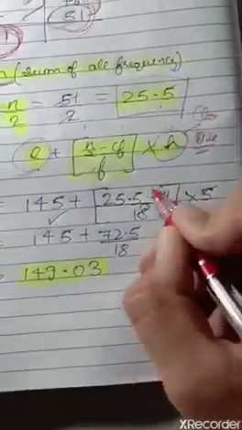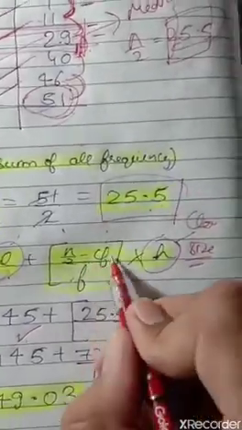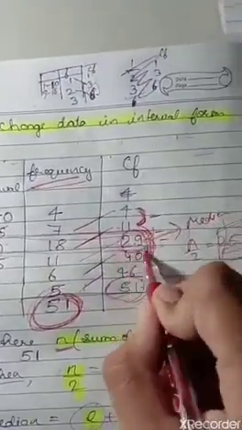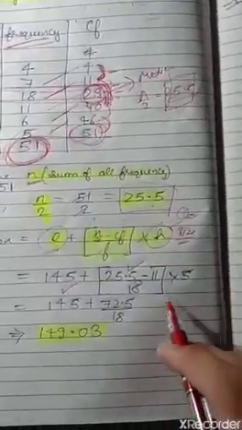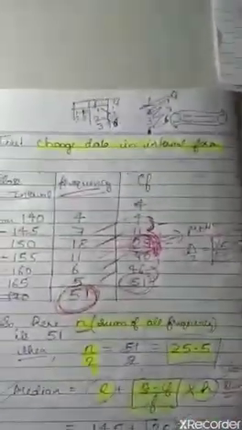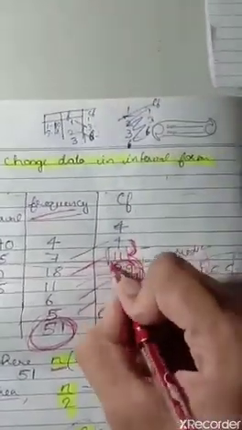Then what next? Minus cumulative frequency. Cumulative frequency of which class? The class which I have taken as the median class, its cumulative frequency is 29. So 29 के जो ऊपर वाला नंबर है ना, just that will be taken as the CF.